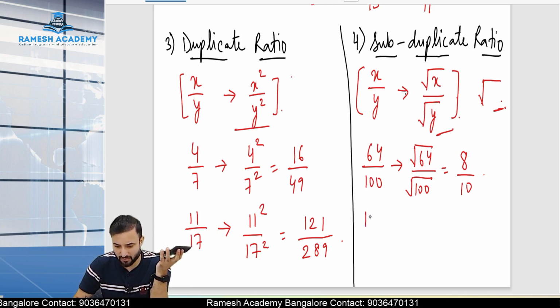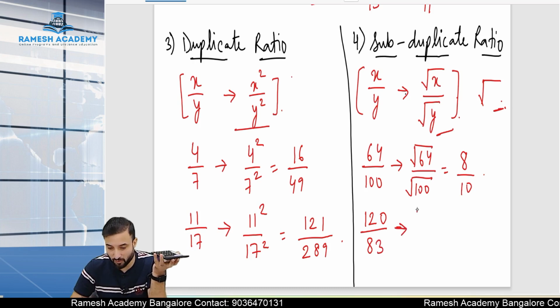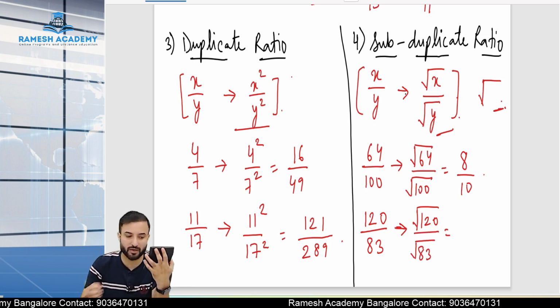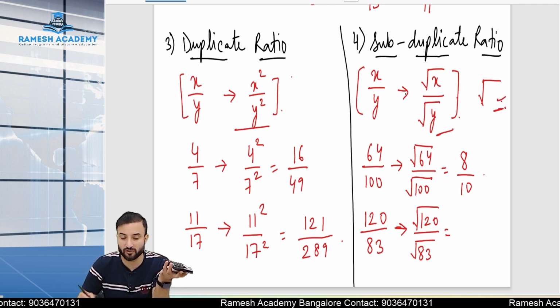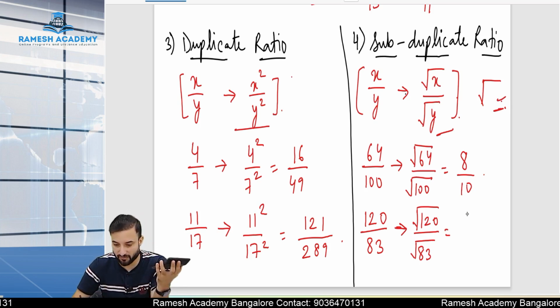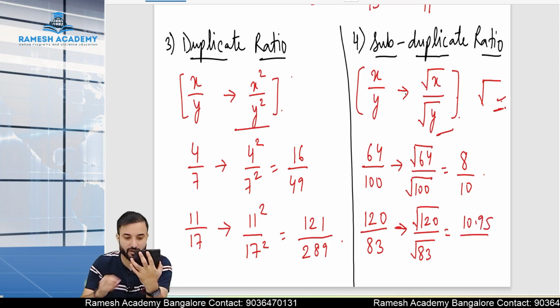We will take any number like 120 divided by 83. You have to find the subduplicate. Subduplicate means we will do the square root. So 120 square root divided by 83 square root. So what we will do? Again we will press the 120 and then we will use this button because this button is for square root. So square root, you will get 10.95 divided by now 83.